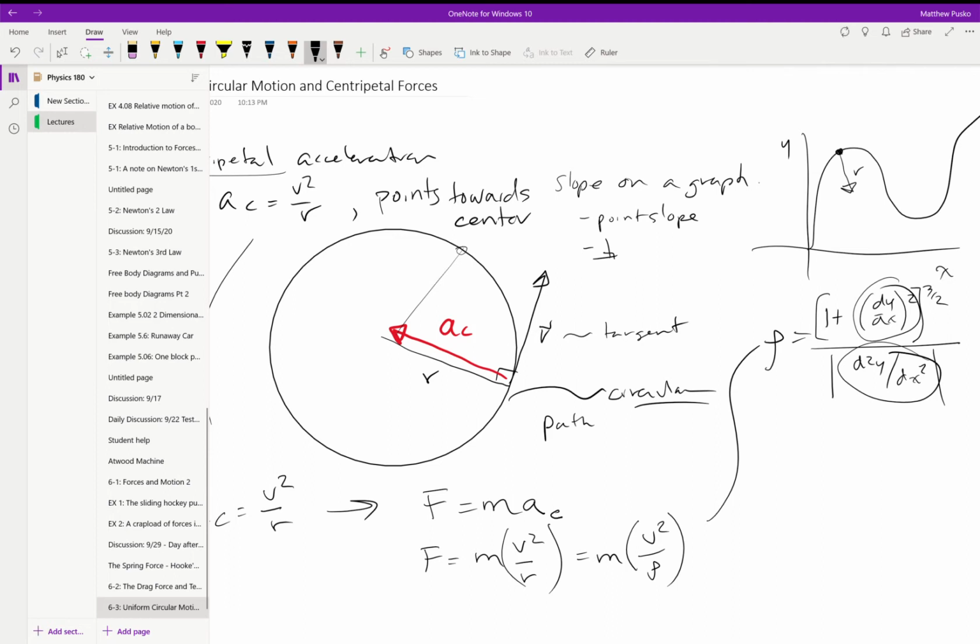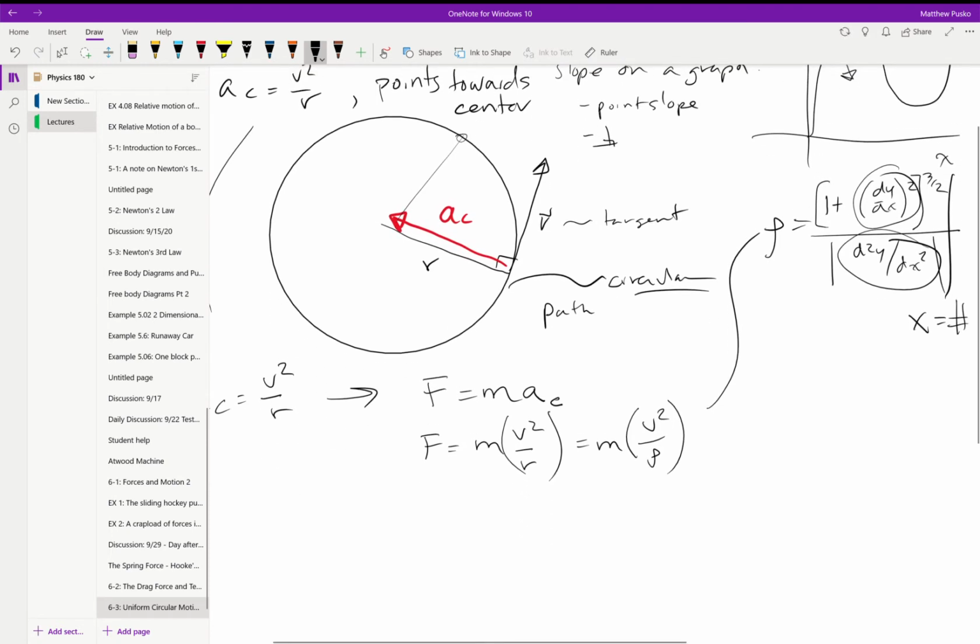Then you would evaluate this whole thing at some x equal to a value. Everything would be in terms of x, right? So you could actually get a number. That number would be in meters, or whatever units your position versus position graph is in.